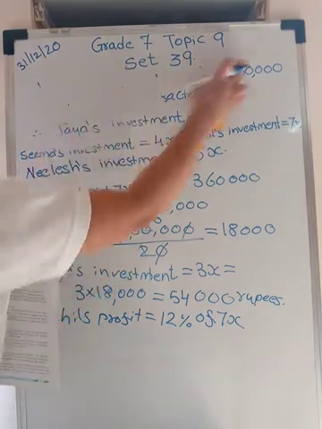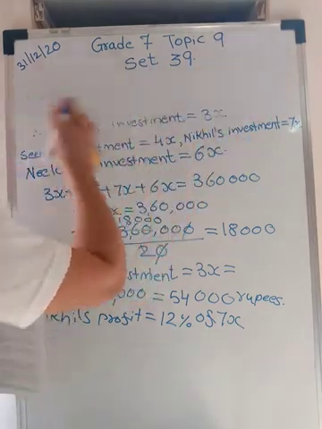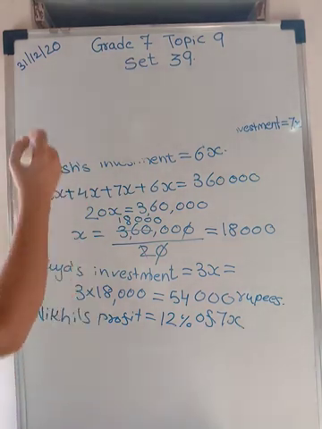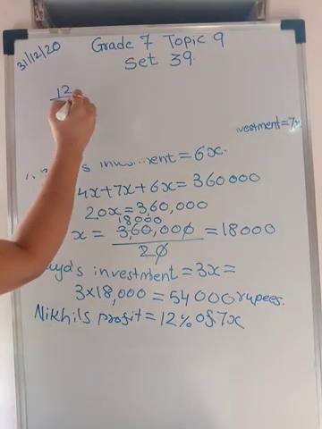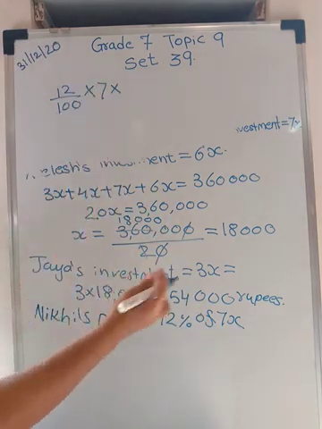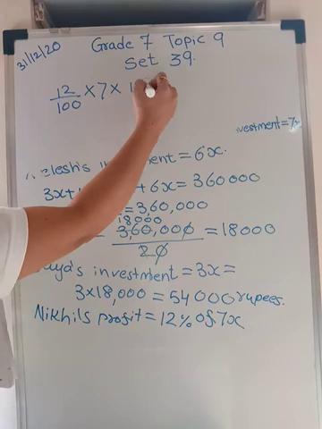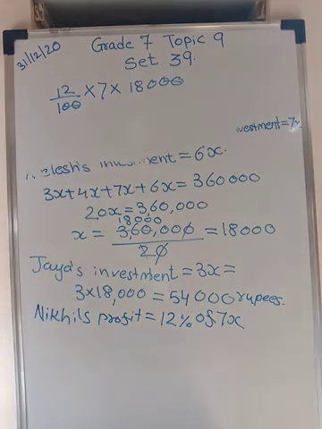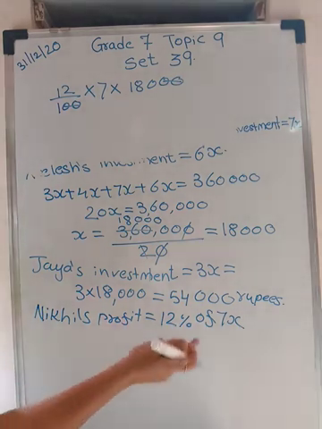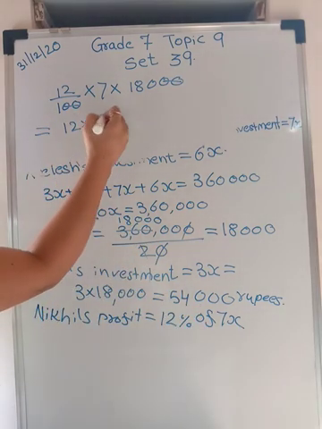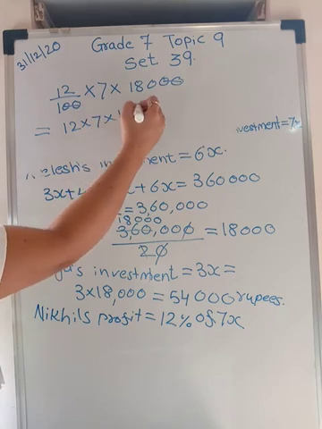Okay. So let us do it now. So 12% is 12 upon 100. Of means multiply 7. And x is how much? x is 18,000. 2 zeros and 2 zeros. Alright. So 12% of 7x is equal to 12 into 7 into 180.